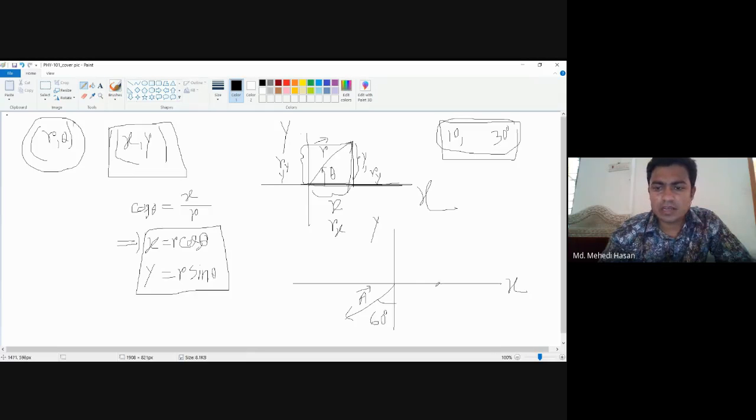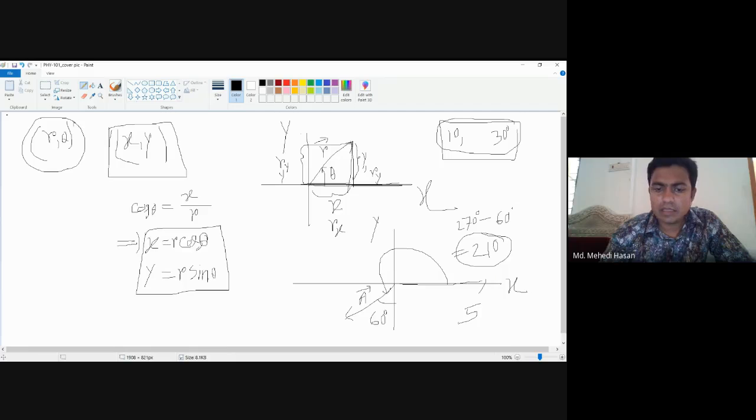First is the conventional method: we consider this positive x-axis as a reference line, then go anti-clockwise. So this is the angle produced by this vector A with the positive x-axis. This angle will be 270 degrees minus 60 degrees, which is basically 210 degrees. So this is the angle produced by this vector with the x-axis, and consider the magnitude of this vector is 5.